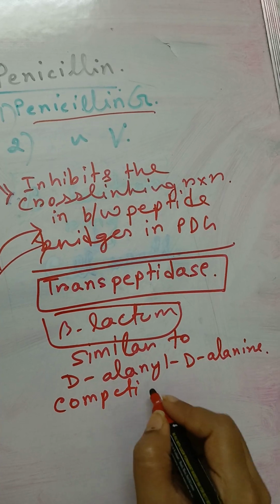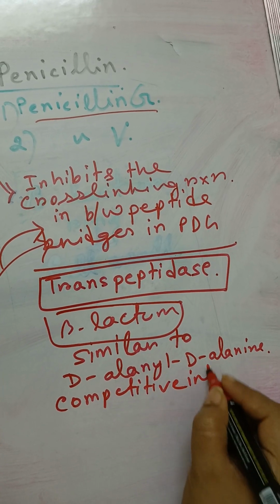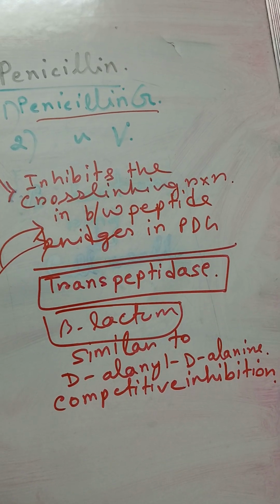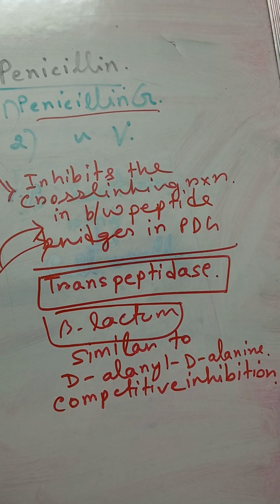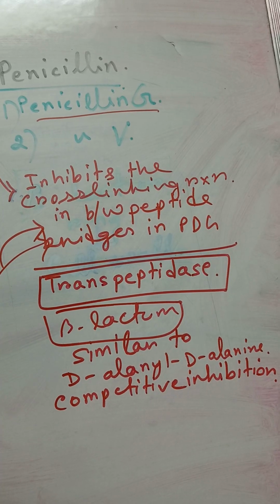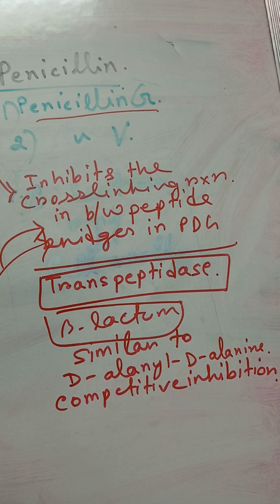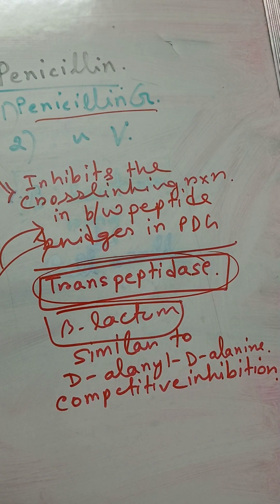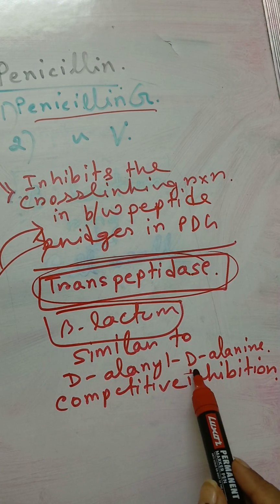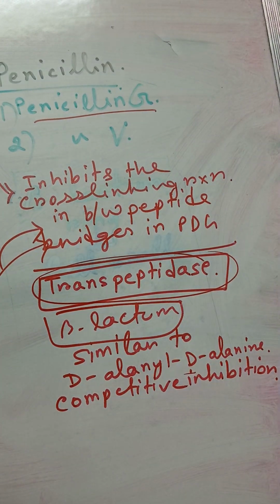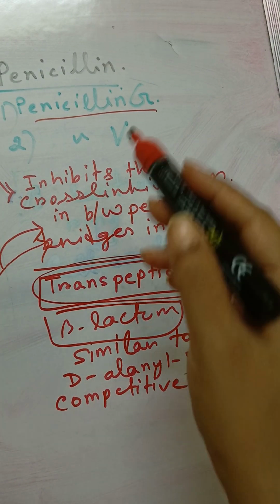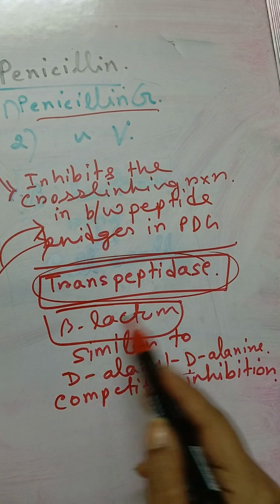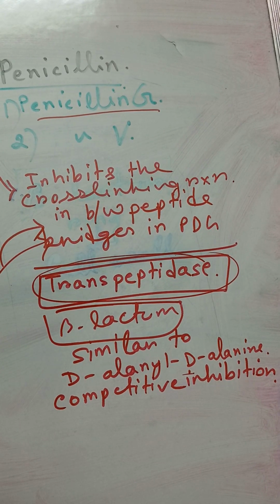Competitive inhibition occurs. How? As the penicillin is analogous to the D-alanyl-D-alanine residue of the bacteria itself, this transpeptidase enzyme cannot differentiate between this D-alanine or this penicillin. If penicillin is applied to the bacterial culture, transpeptidase cannot differentiate.